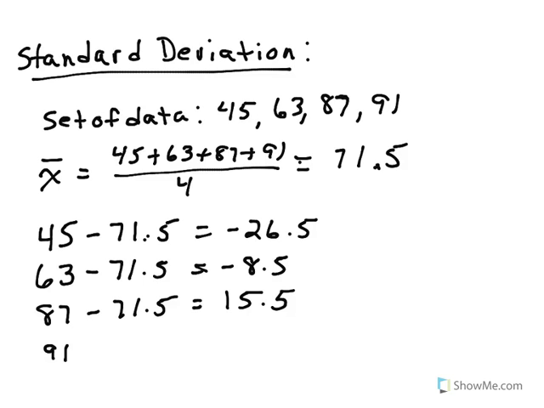And finally, 91 minus 71.5 equals 19.5. So we take every single value in our set of data and subtract the mean from every single one. And the difference is our deviation.